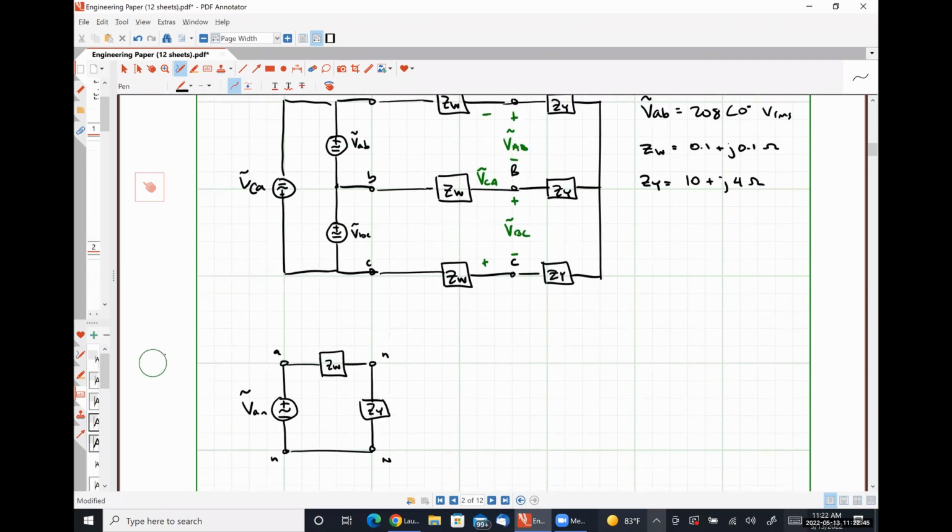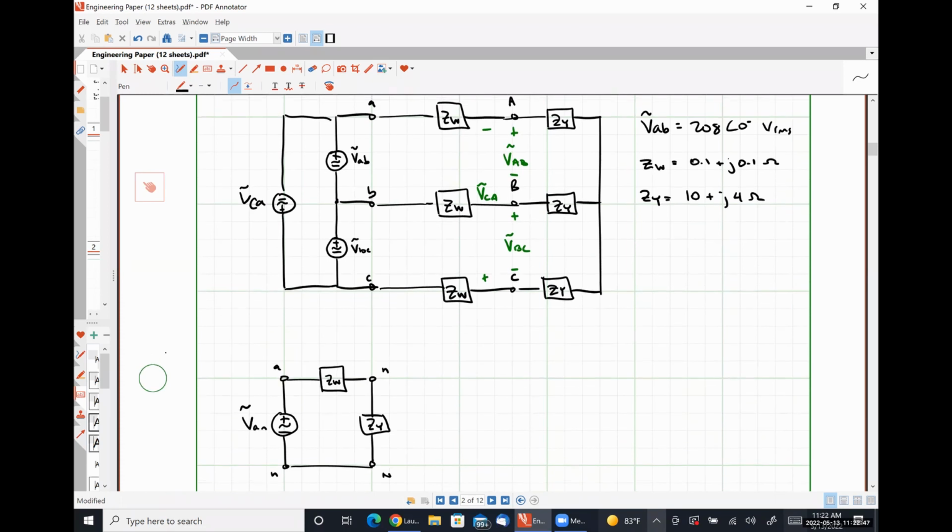So, one thing that I want to mention here, the quantity that I am interested in, VAB, isn't actually going to show up on my single phase equivalent circuit at all, right?